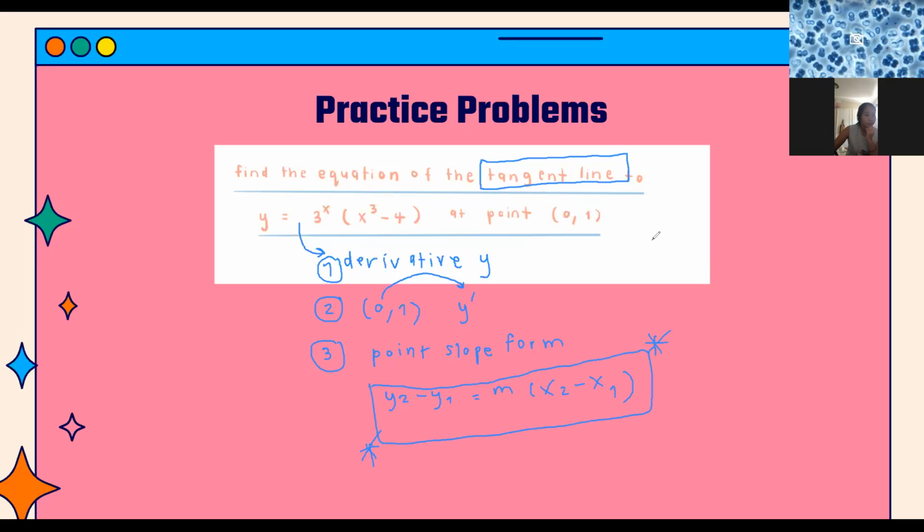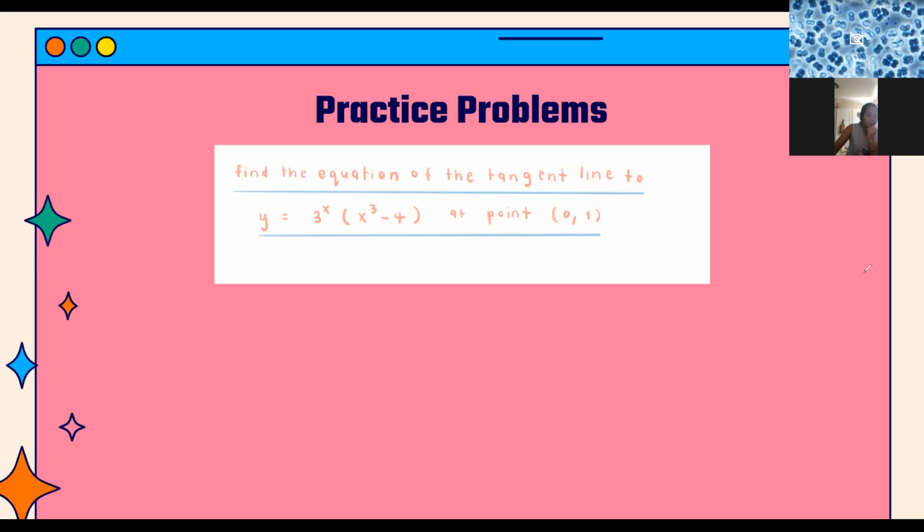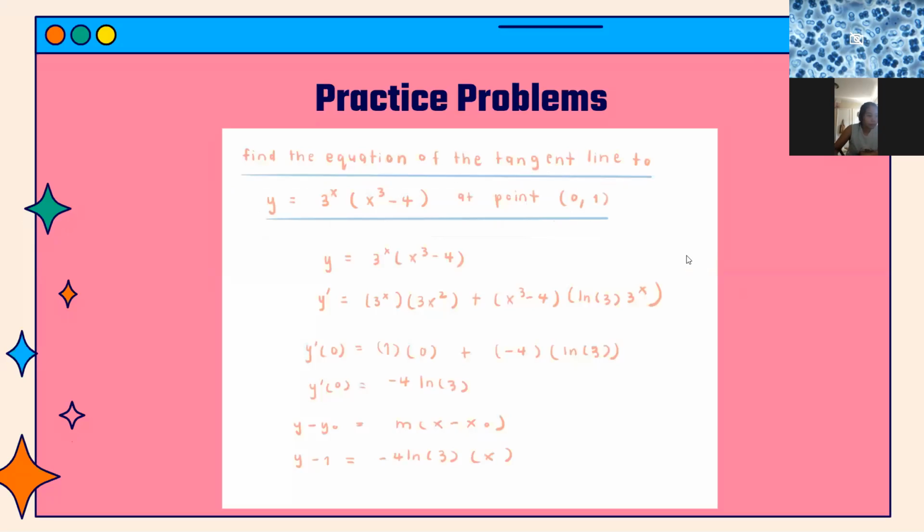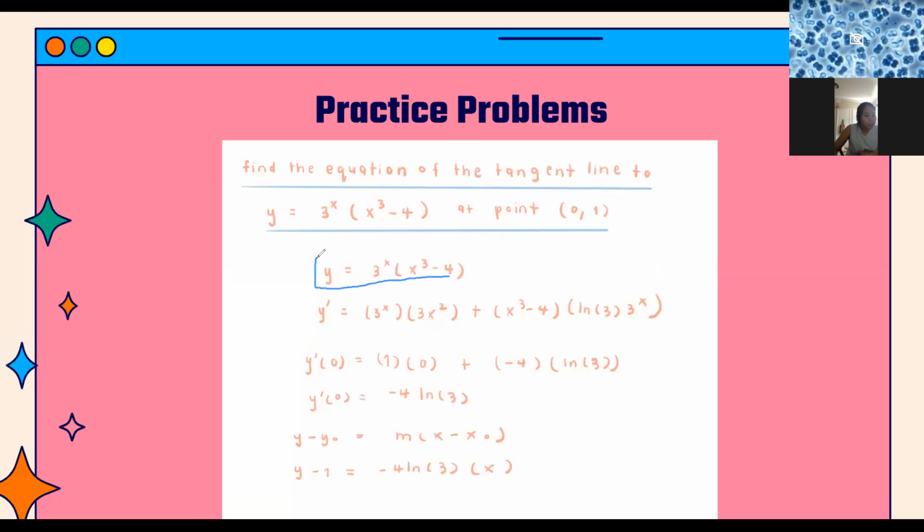So now, what I did here, I started with this equation, right? And then I used the product rule to get the derivative of the equation.